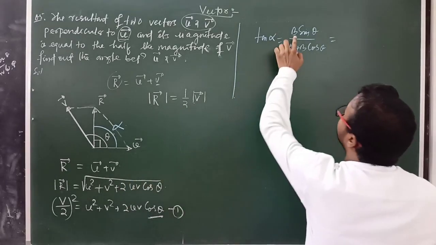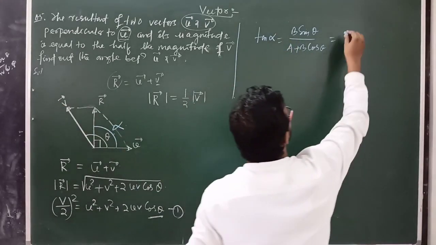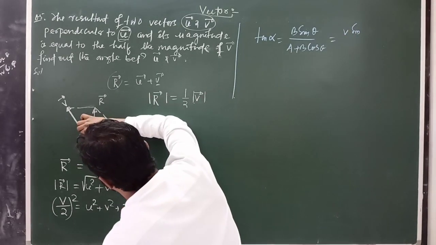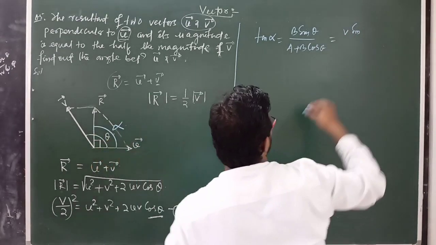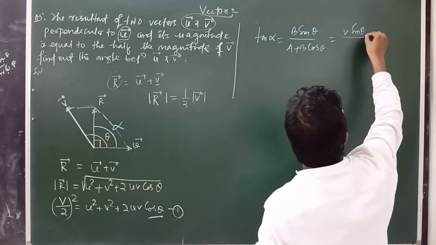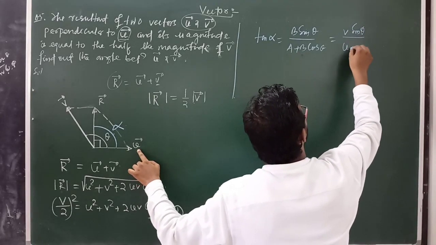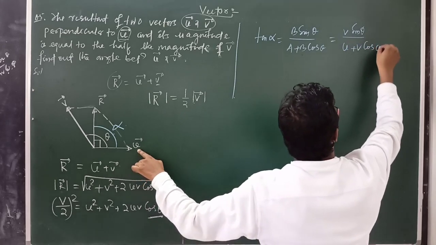And what is b? Here b is v. So v sin theta, where theta is the angle between the two vectors, divided by a plus b, where a is u, so u plus v cos theta.